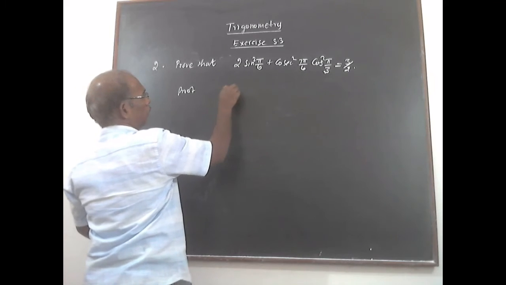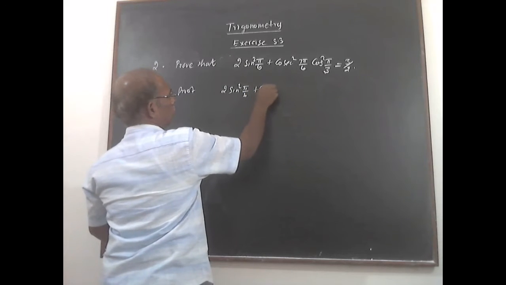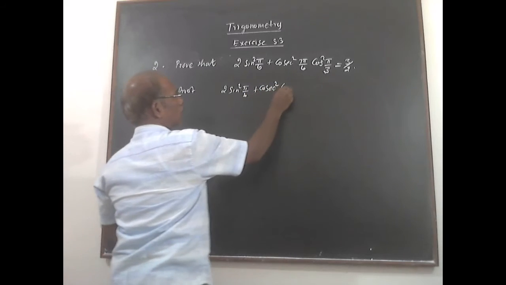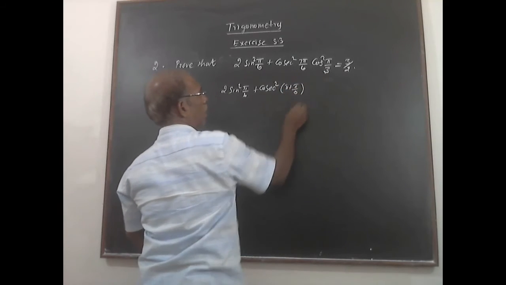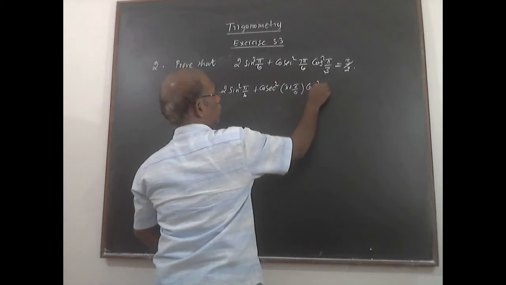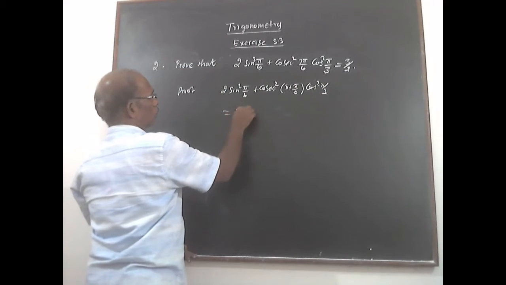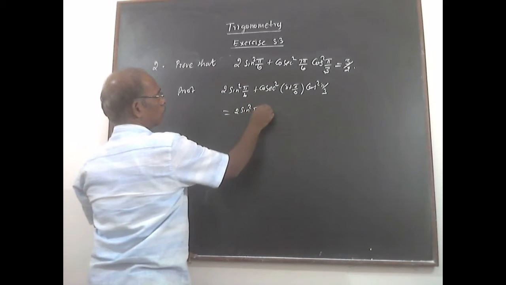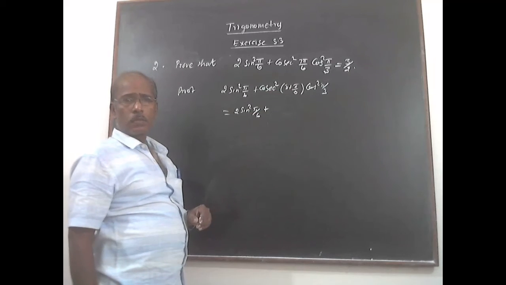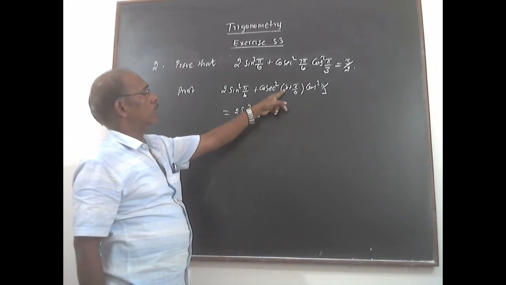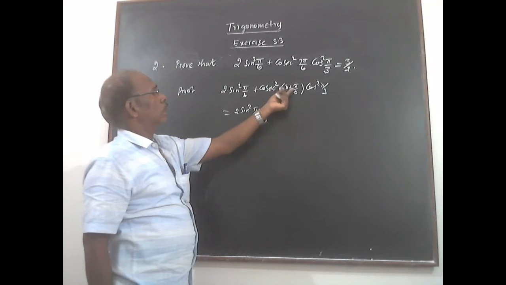2 sin square pi by 6 plus cosecant square 7 pi by 6, that is pi plus pi by 6, into cos square pi by 3. Cosecant of 180 plus theta is minus cosecant theta, because it is more than 180, in the third quadrant.